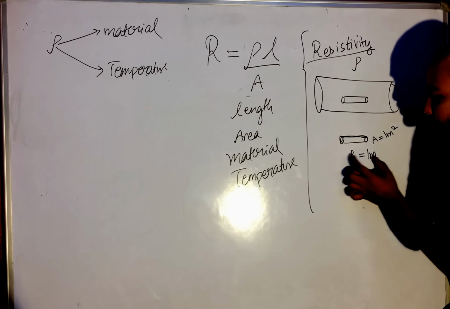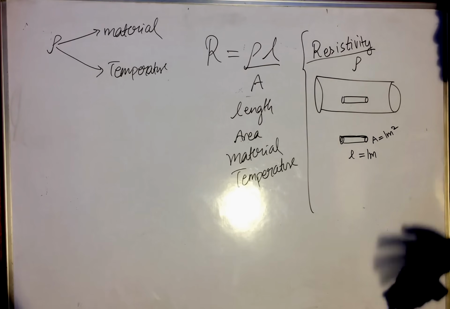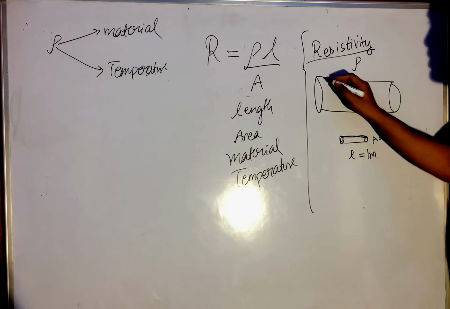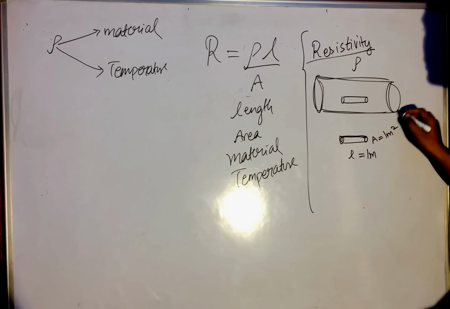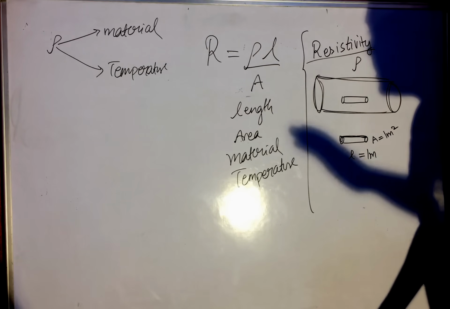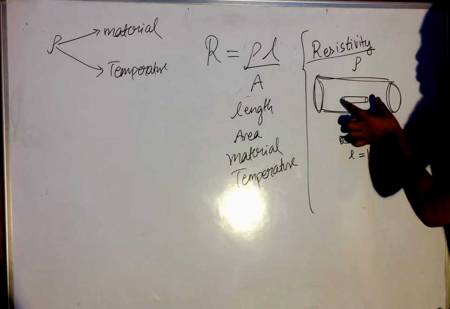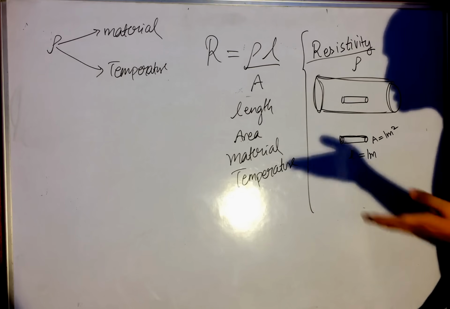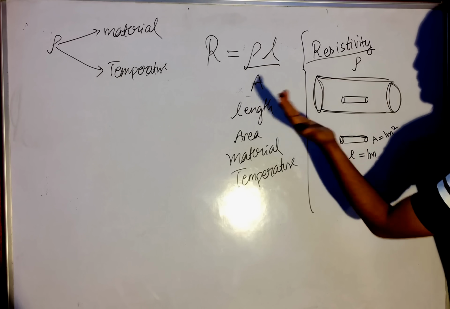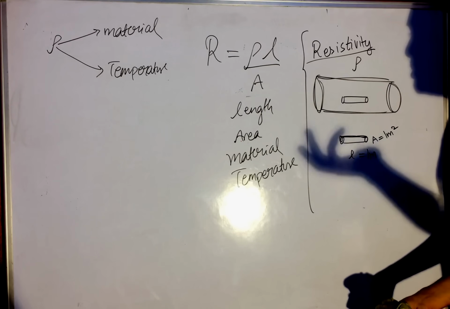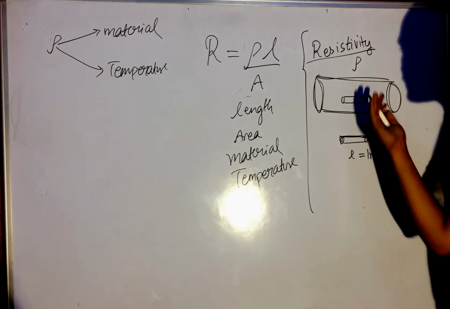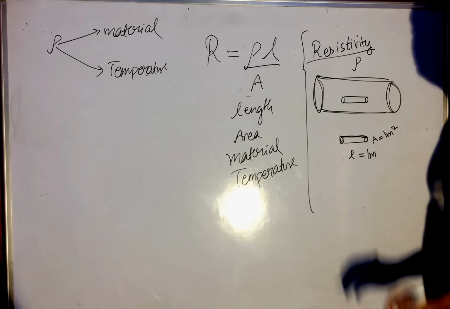The length of this wire is 1 meter and area is 1 meter square. You cut a wire from this. You have been asked the resistivity of this whole wire. Resistivity depends upon material, does not depend upon length or area. So you cut a small wire from this. The resistivity of this much wire will be the resistivity of that much wire because it does not depend upon length and area. So you cut this wire of length 1 meter and area 1 meter square.